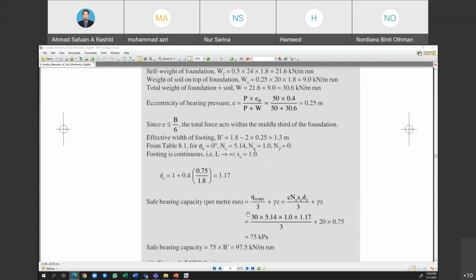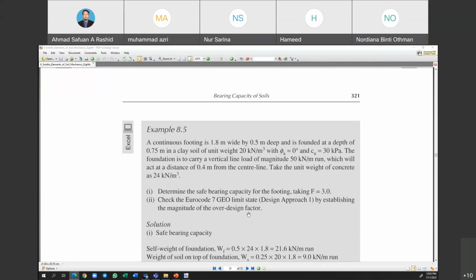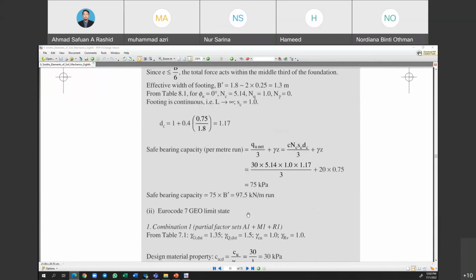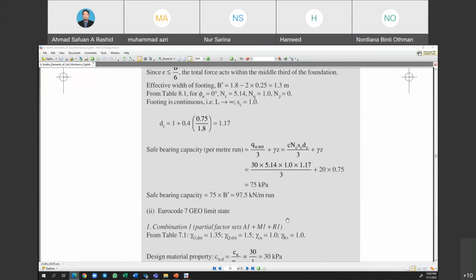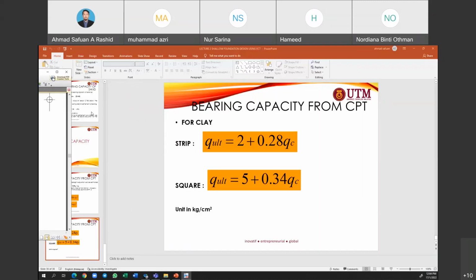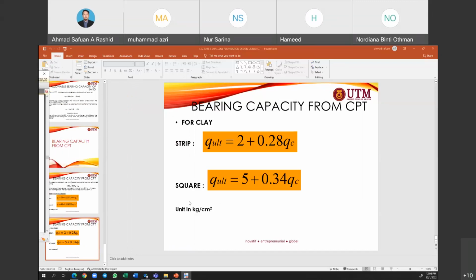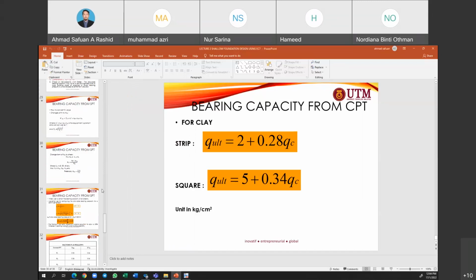Okay, and we have only been provided with the dead load. Okay, no live load. So when we look at the table, table 7.1 is not given here. So we may look at the previous table in the slide. So we look at the table.